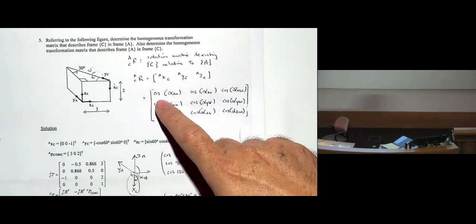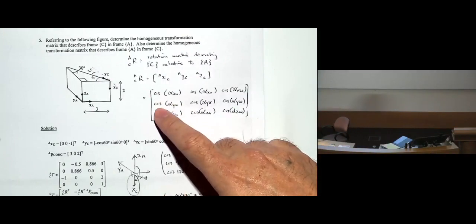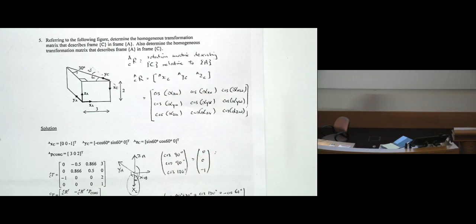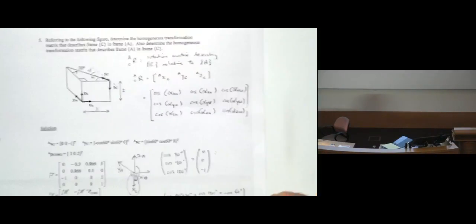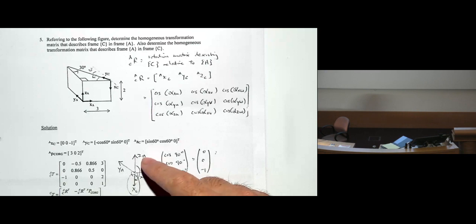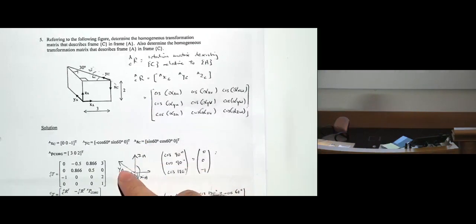All that you need to do is determine the angle, and then compute the cosine. For example, if I look at the x itself, this is XA, YA, and ZA. This is my XC.